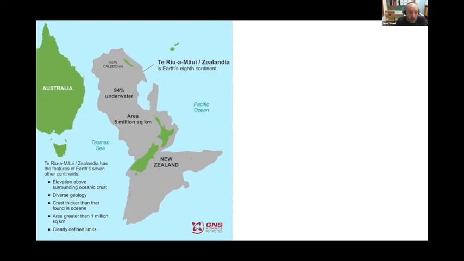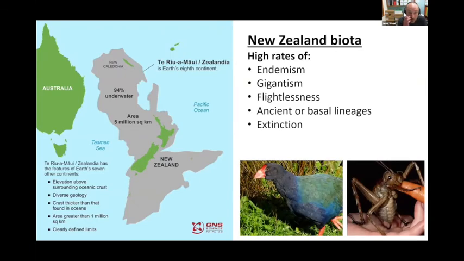The current New Zealand biota is a rich mix of ancient vicariant taxa, as well as lineages that have dispersed here at different times in the past. And this unique geological setting, together with the lack of large terrestrial mammals, has resulted in a biota that's characterized by high rates of endemism, gigantism, flightlessness, ancient and basal lineages, and unfortunately extinction.